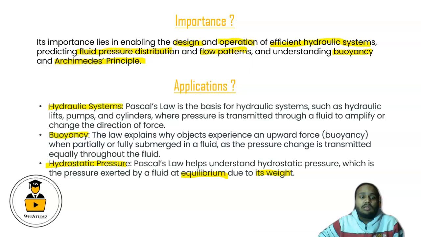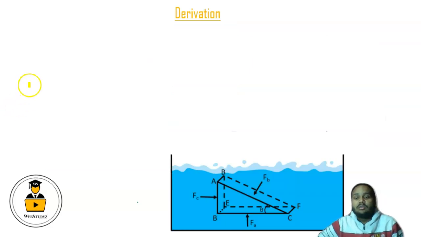Fine. Now let us see the derivation of Pascal's law. Kindly observe this figure. As shown in this figure, we consider a small element ABC and DEF in the form of a right angled prism in the interior of a fluid at rest.